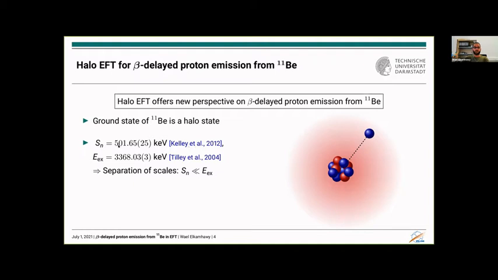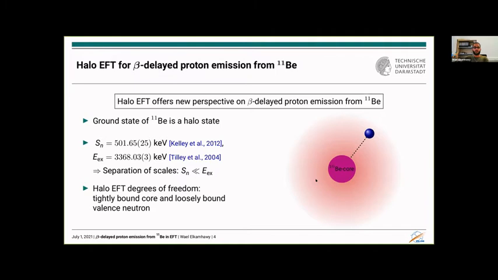The neutron separation energy is 500 keV, whereas the first excited state of this beryllium-10 core lies at 3,400 keV. Therefore, we have the separation of scales that we will exploit in order to describe beryllium-11 in halo EFT, meaning we use the relevant degrees of freedom given by the tightly bound beryllium-10 core and the loosely bound valence neutron.